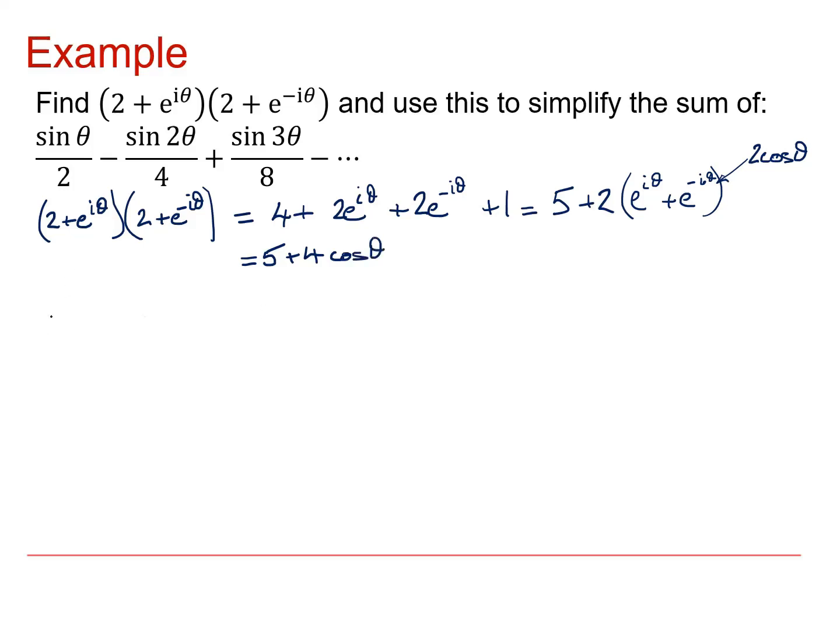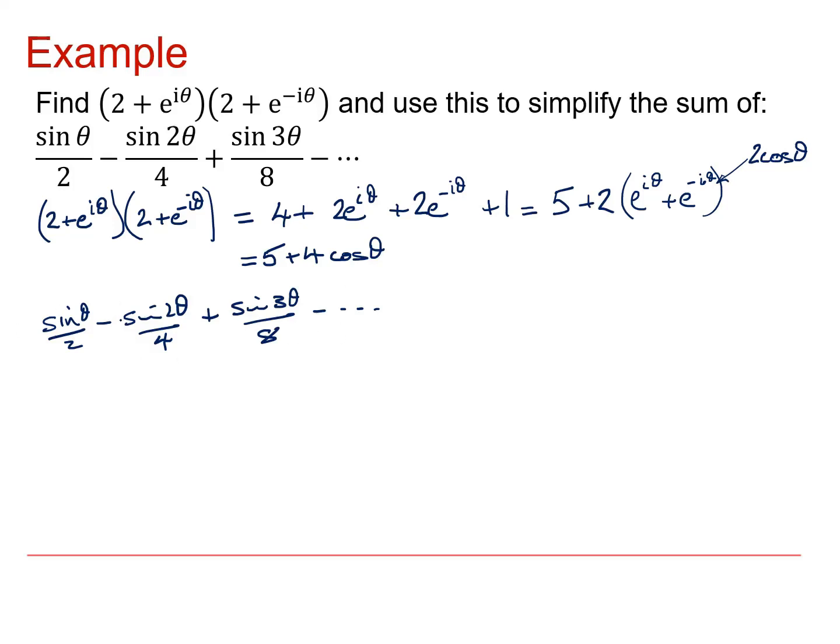Now let's have another look at this series here. So sine theta over 2 minus sine 2 theta over 4 plus sine 3 theta over 8, etc. We talked about that special series on the last slide.